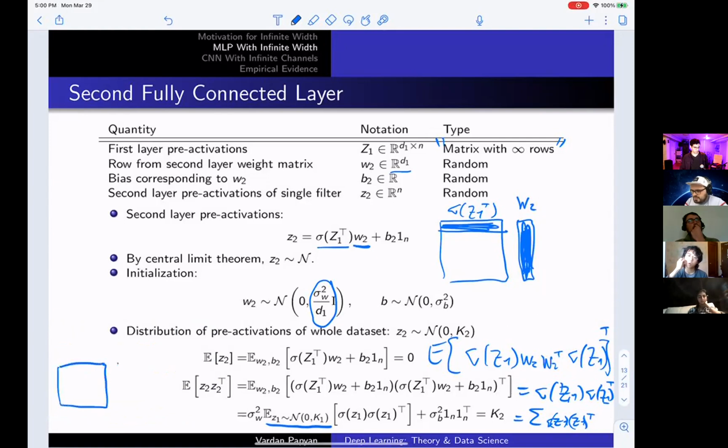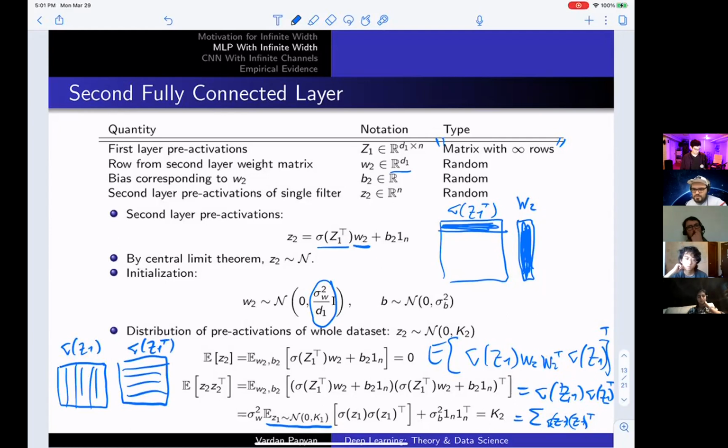So if this is Z1, sigma Z1, and this is sigma Z1 transpose, then here there is a bunch of columns, right? And a bunch of rows. And you know that if you do matrix-matrix multiplication, you can write it as a sum of outer products, right? Of the columns and rows. Now, notice that we have infinite columns and infinite rows.